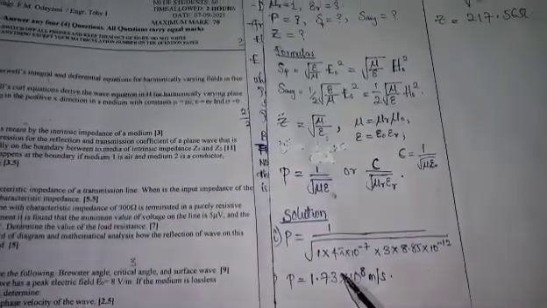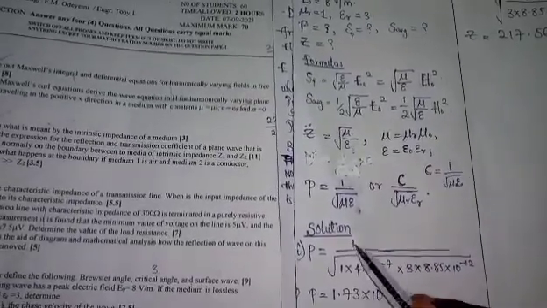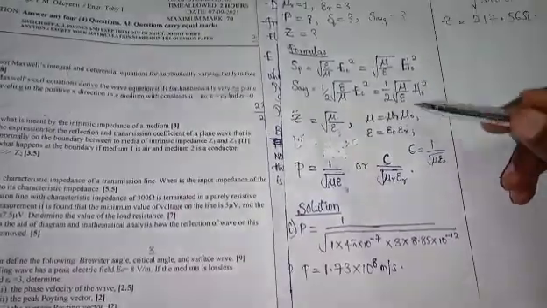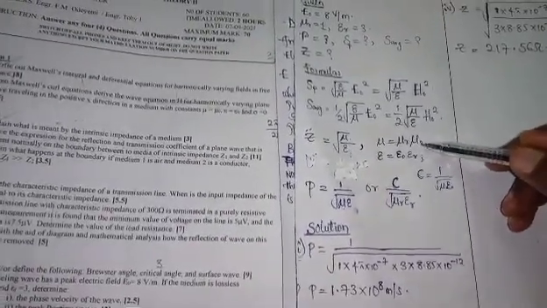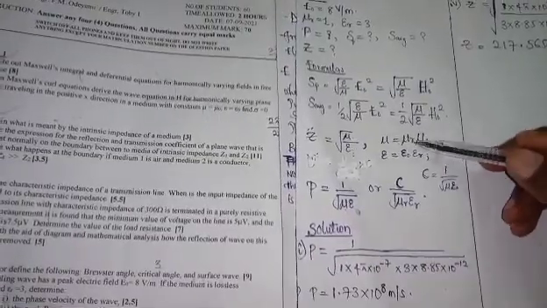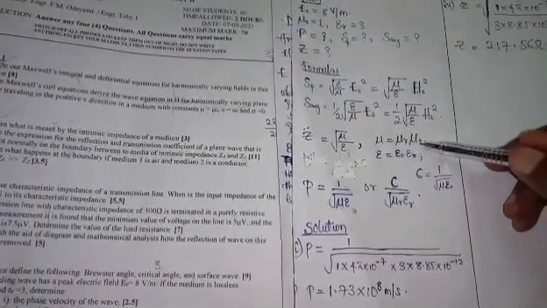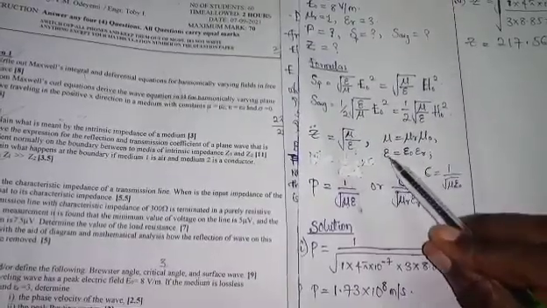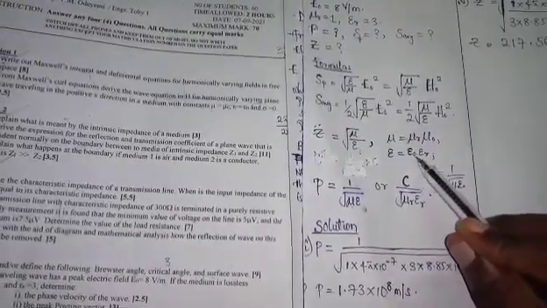Now with that, we can solve for what we want. The first one was to find the phase velocity. The phase velocity is 1 over the square root of the permeability and permittivity. Remember, we said permeability is the permeability of the medium times the permeability of free space, and the same goes for the permittivity of free space and the permittivity of the medium.